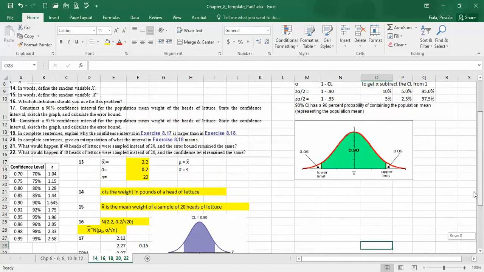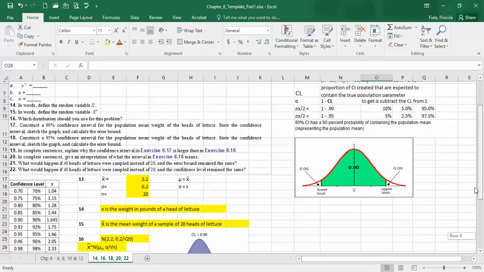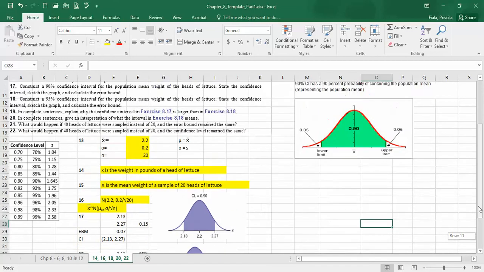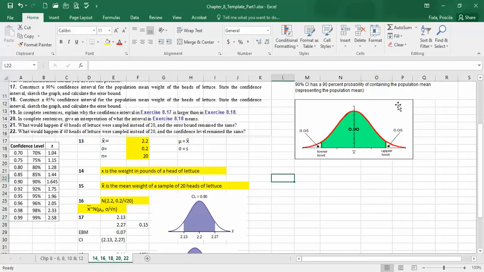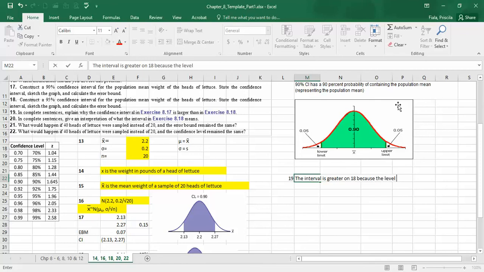Okay, so 19. Let's say that the interval is greater in 18, that's the correct answer, because the level of confidence increased.